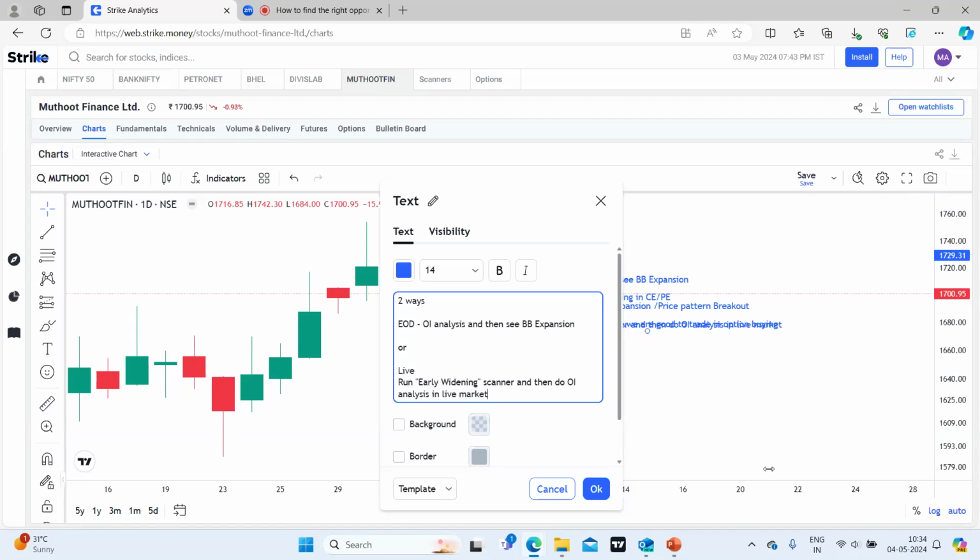So these are the two ways where we can make an entry. Our purpose is the same: we look at the same two things, covering in open interest and expansion in Bollinger Bands. But depending on your comfort with analysis, because I mainly do end of day analysis, for me open interest analysis comes first and Bollinger Bands expansion comes second. Or those who are very comfortable analyzing during live market can use the live scanner on early widening of Bollinger Bands.